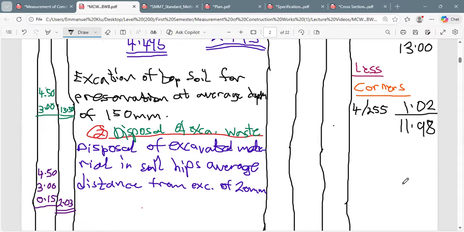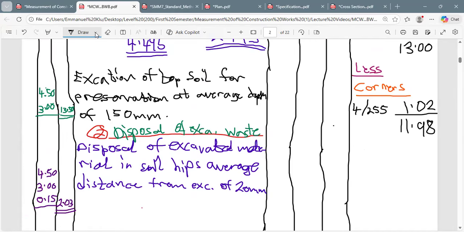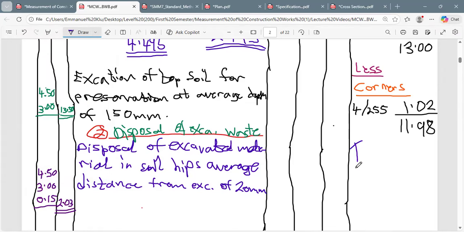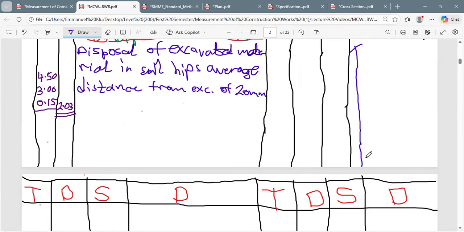So the rest is just left with a matter of description. Then we do a bit of squaring. Then that will be all. So let's come and do our description quickly. If you have the SMM7 beside you, you can take it. So we have to open the excavations.